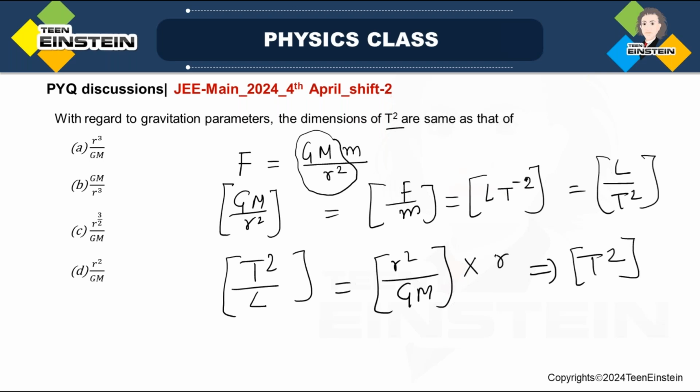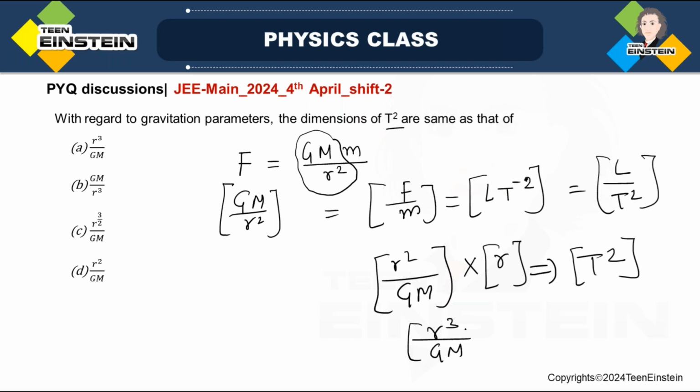Dimension of t square. So what do we get? r cube by GM. Dimension of this particular quantity will be only t square. Okay, so look, the first option, r cube by GM, this will be the answer for this question. Okay, this was also a very simple question.